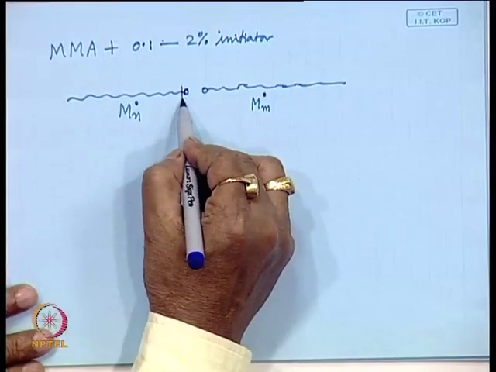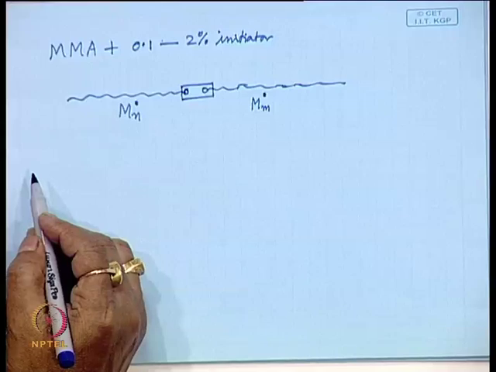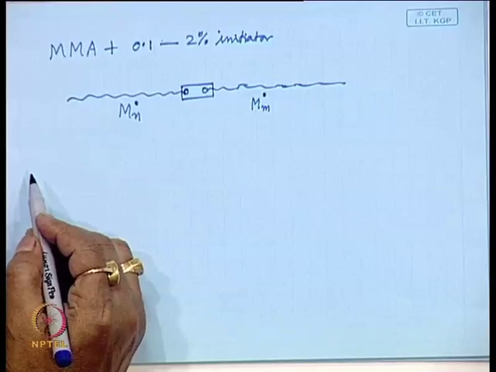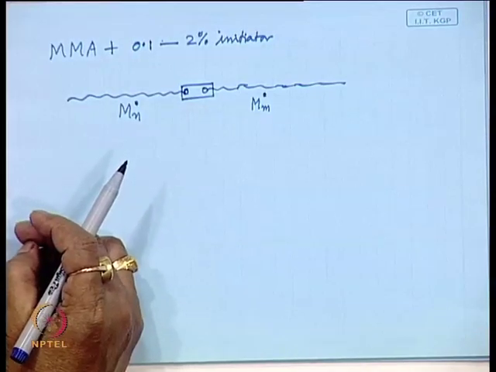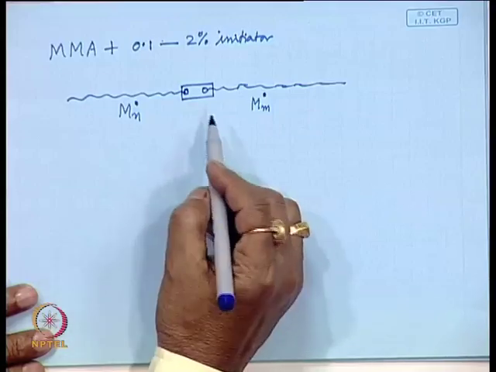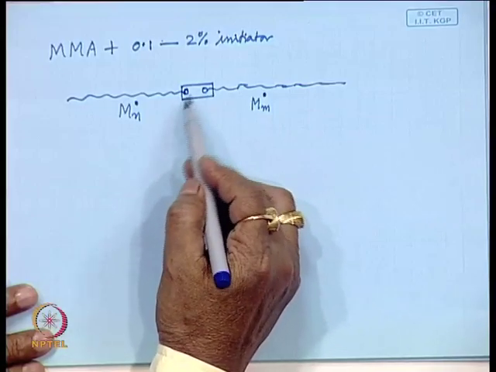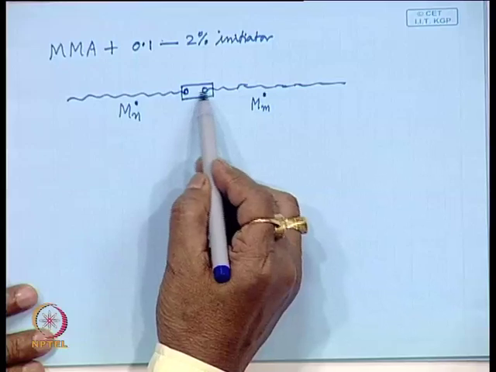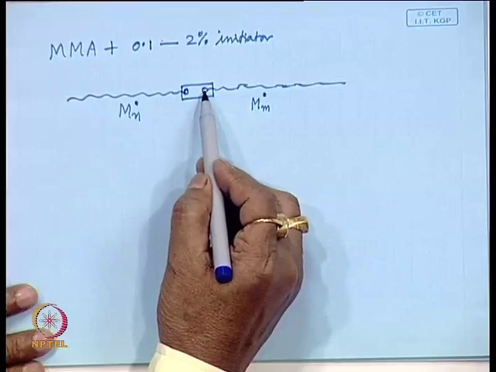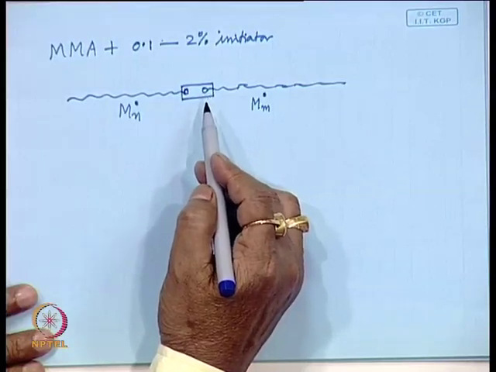These two radicals can couple. The activity of both radicals will be the same. I am keeping your question in mind, I will explain later. Here these two radicals couple forming a covalent bond, because two free radicals can react.